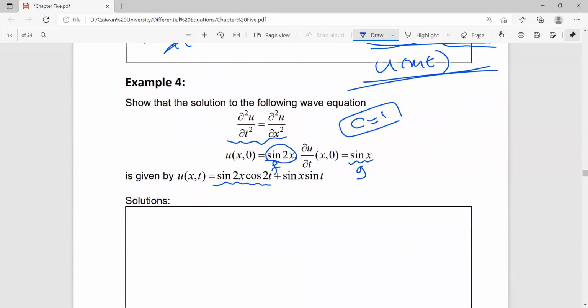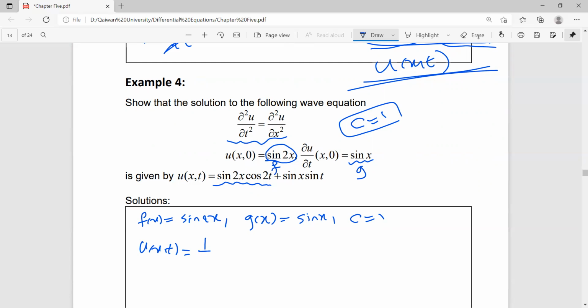We say f of x equals sine 2x, and g of x equals sine x. And also c equals 1.